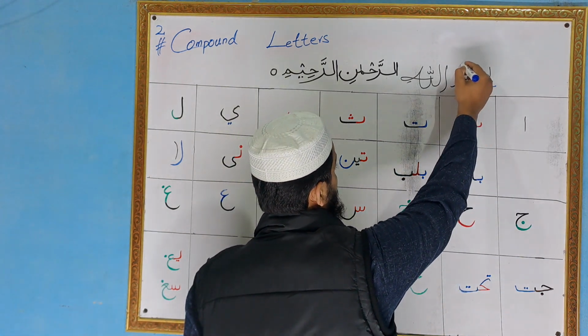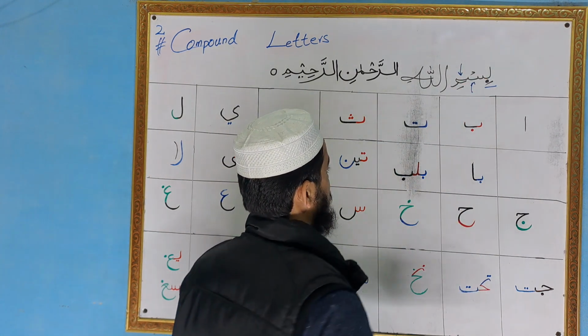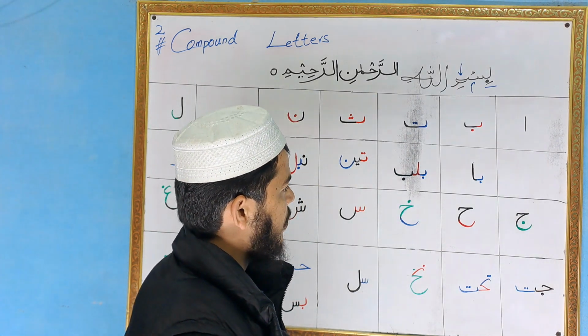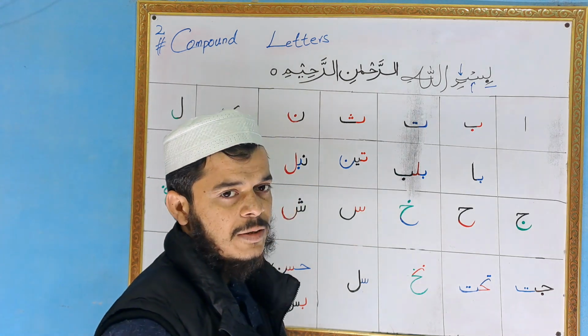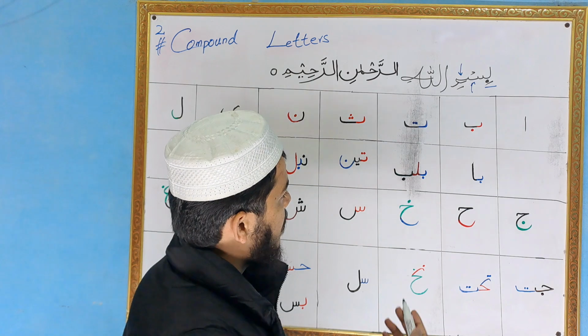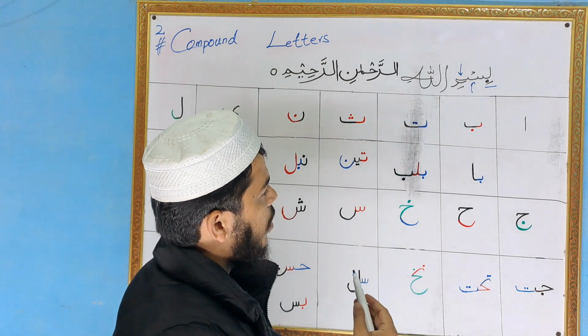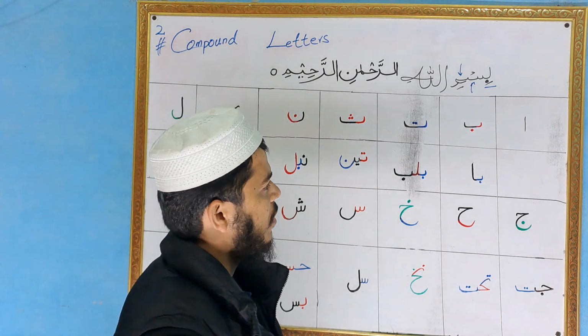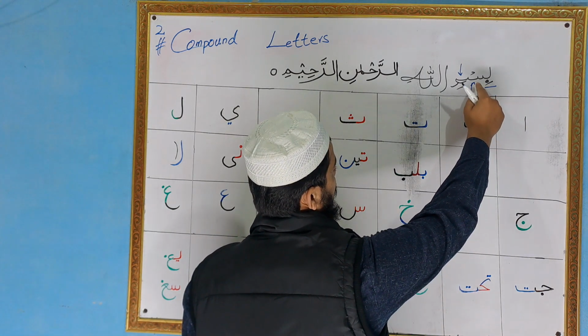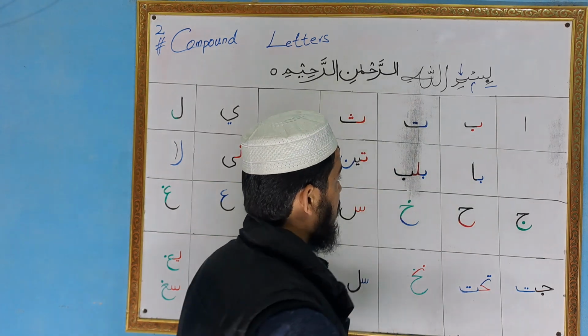Or the third is when it comes at the last. And the fourth possibility is when it comes separate. The separate shapes we have read in the alphabets, and now we are going to learn how a letter looks if it's coming as a first letter in connected form and as a middle letter in connected form.